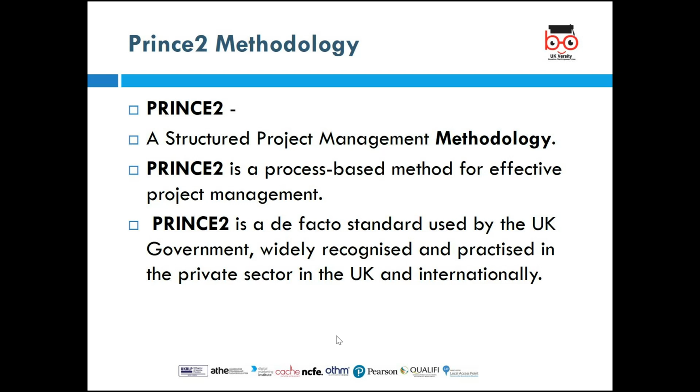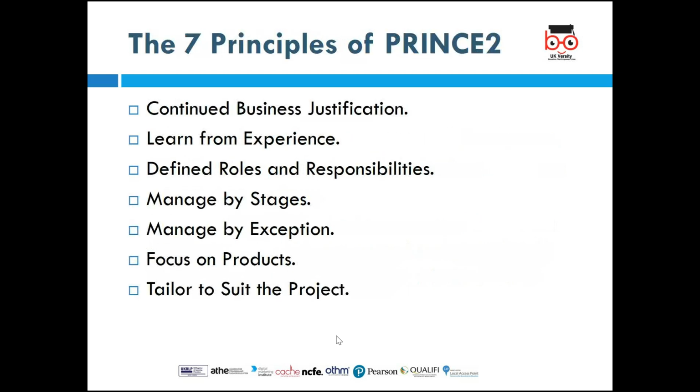Every process is planned. The first process is finished, you move on to the second process in that order. So it's a process-based method for effective project management, and is a de facto standard used by the UK government. And it's also widely recognized and practiced in the private sector in the UK and internationally. So it's one of the international ones, but it's basically what is used in the UK.